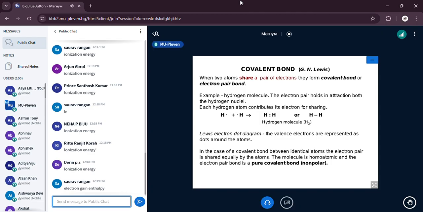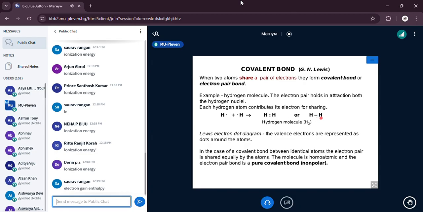For this electron pair, each atom contributes 1 electron. For example, one hydrogen atom has 1 electron, the second hydrogen atom has 1 electron, and these 2 electrons are combined into an electron pair, and this electron pair is shared between 2 identical atoms, which can be represented by a bond.